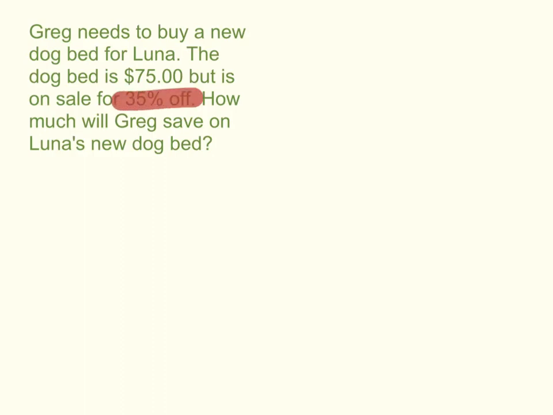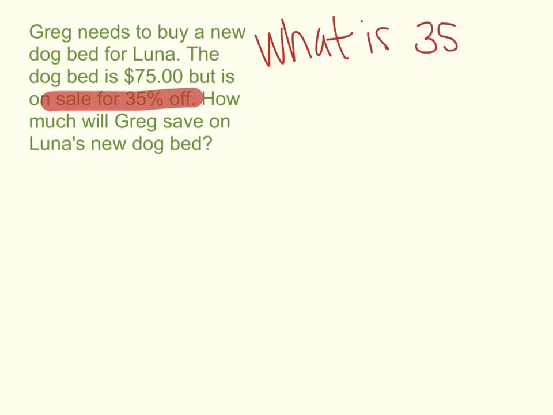And that percent off means that it's on sale or it's going to be taken away from the original price of $75. So we still want to ask ourselves, what is 35% of $75? And when we get that answer, okay, we will know how much Greg is going to save on the new dog bed.